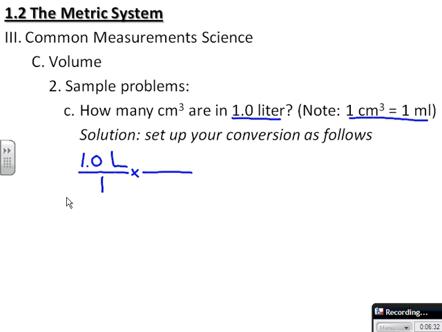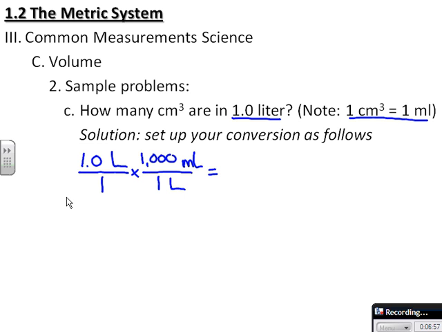We've got to convert 1 liter into milliliters. And if you remember your prefixes, milli is 1/1000th of, and if you look that up, it's actually 1,000 milliliters in 1 liter. So that gets us to milliliters. Now we want to go to cubic centimeters.